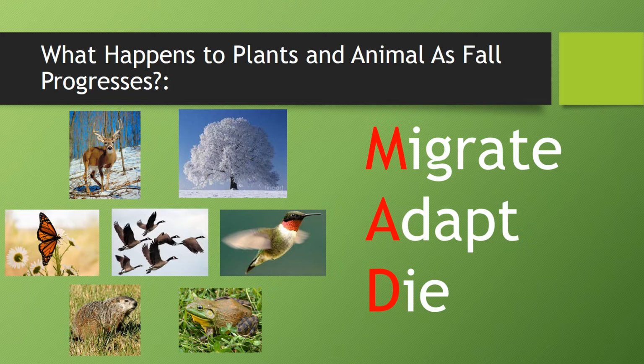So where do you think they go when the temperatures get cold and the body of water starts to get ice on the top? This green frog and many other frog species and turtle species will go down to the bottom of the water body in the muck, and they will hibernate.